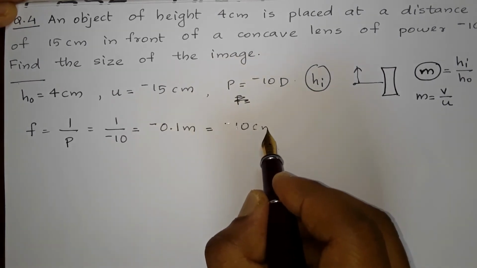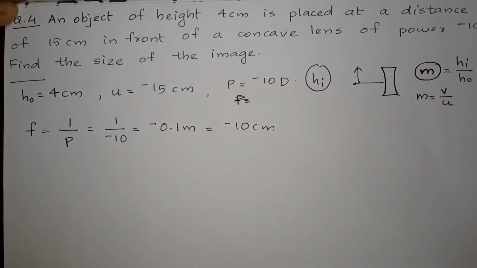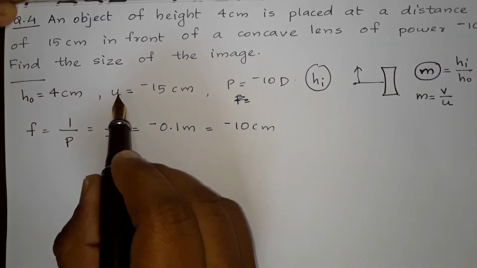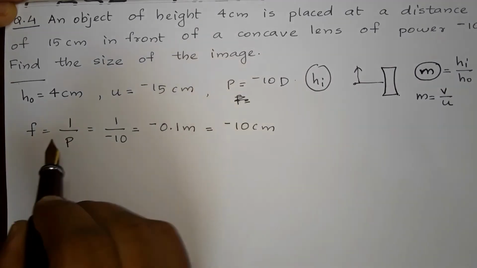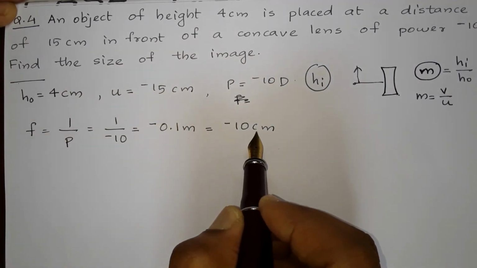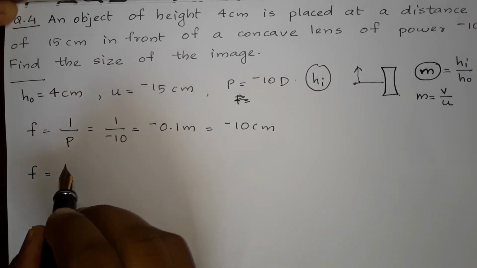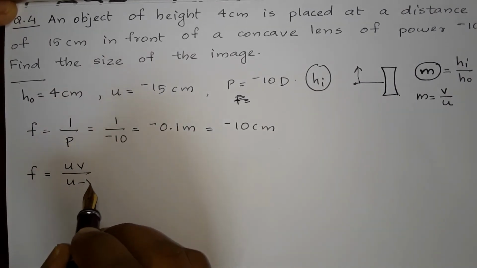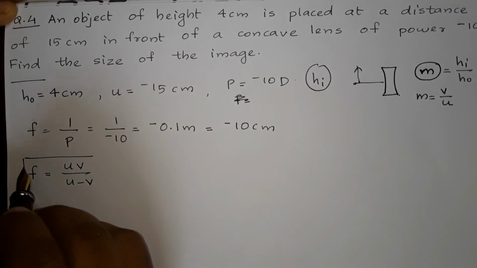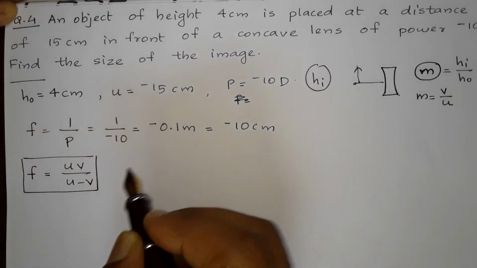Minus 10 centimeter. That is the value of F. Now we have the value of U and value of F. So let us use the lens formula.